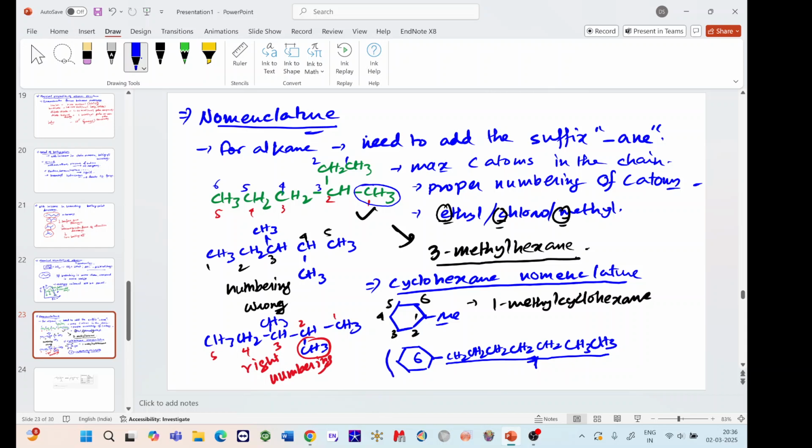Then the cyclohexyl part will be the substituent. In this case, the naming will be 1-cyclohexylheptane. You should always check where the larger number of carbons is present, in the substituent or in the cyclic part. And then just one more slide.